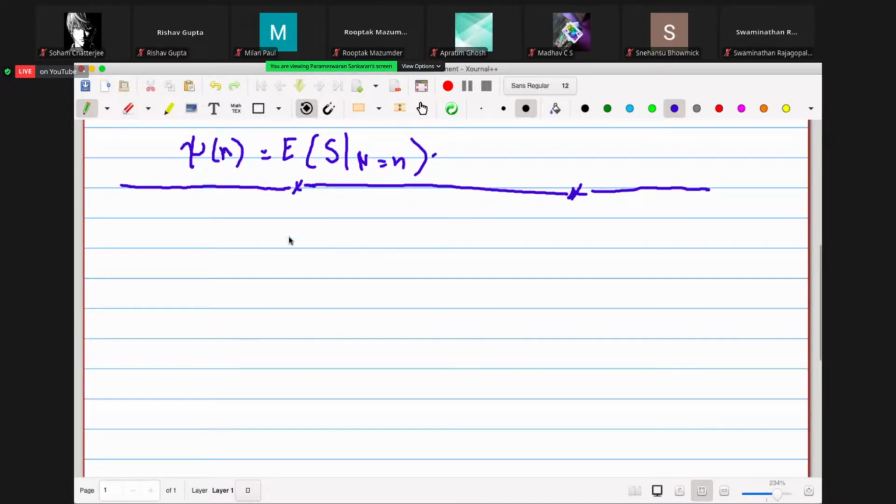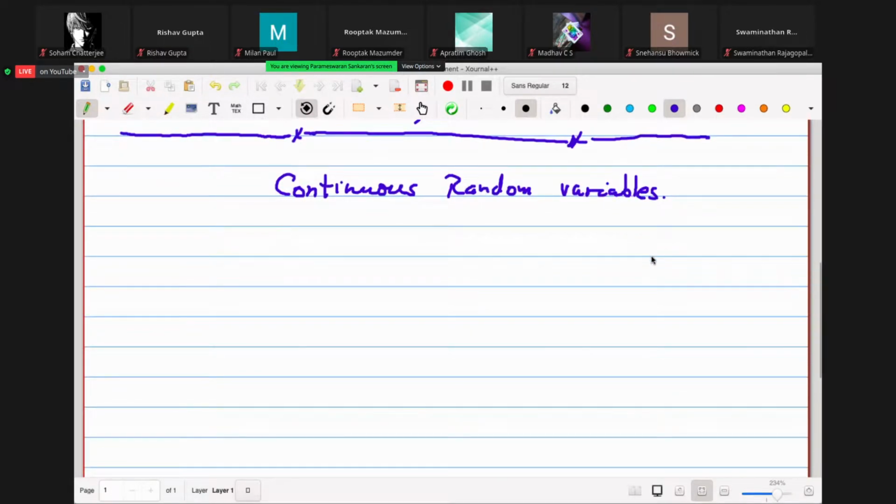Anyway, this is about time. So continuous random variables. We have seen this before, but nevertheless, continuous random variables. The definition is somewhat okay. Let me say this.